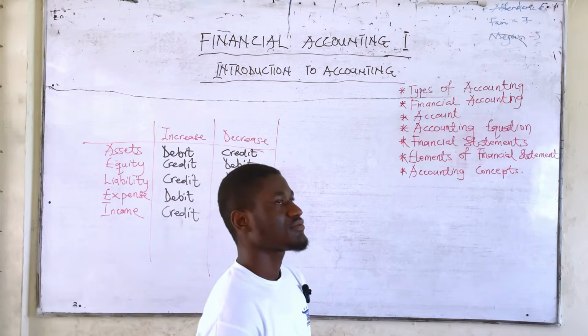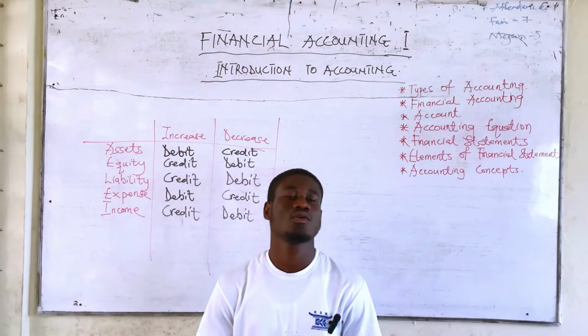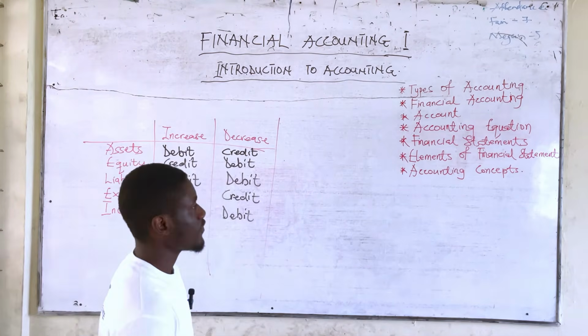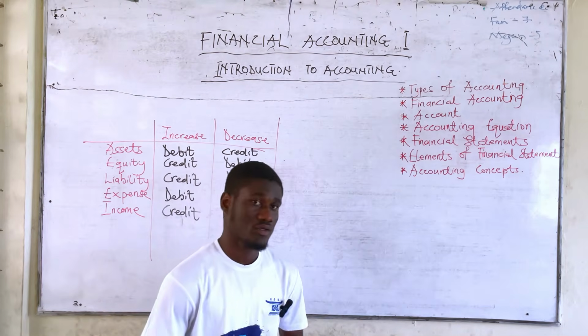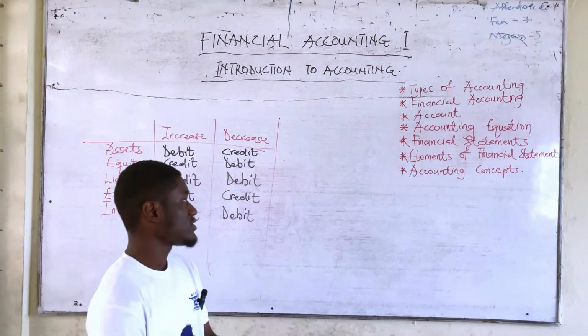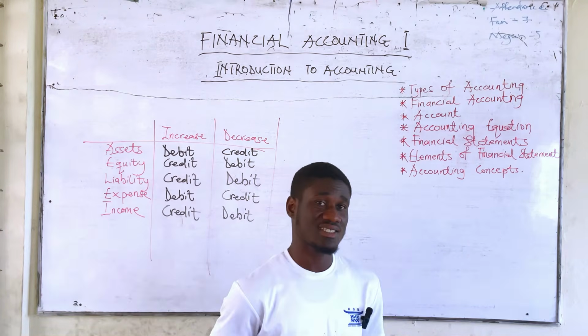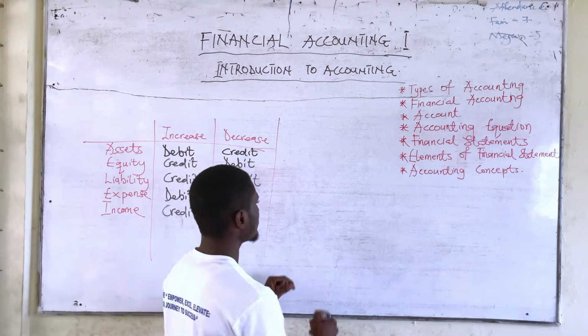So an example, discount received. We know that we receive discount from our trade payables, or those who sell to us. They are the people who are going to give us discounts. Good. So discount received.